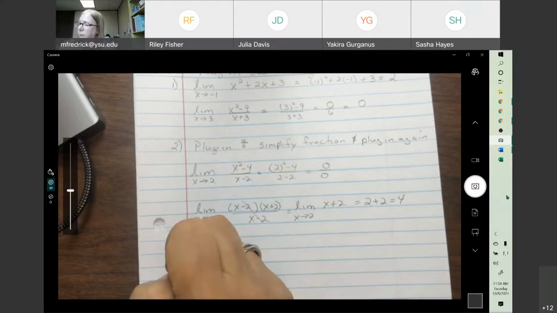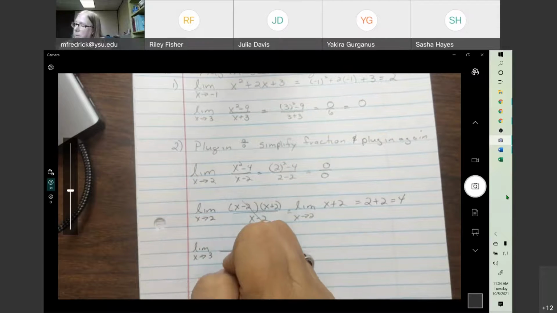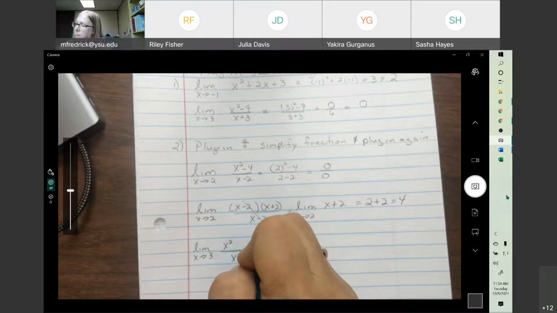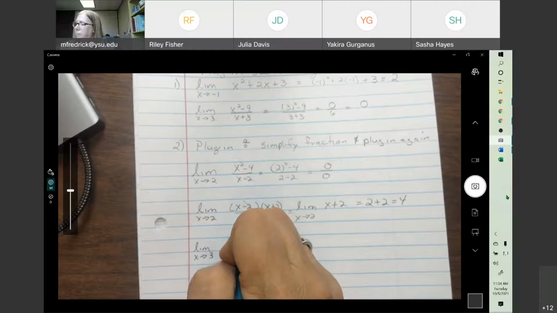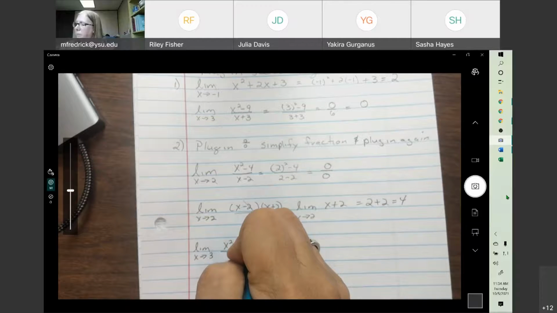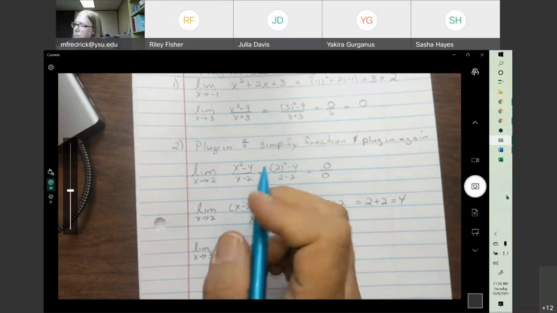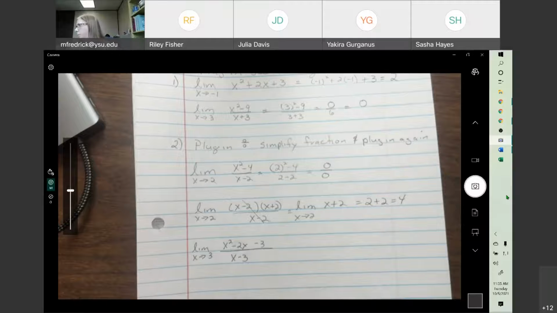Let's try another one. The limit as x approaches 3. So go ahead and try this one.